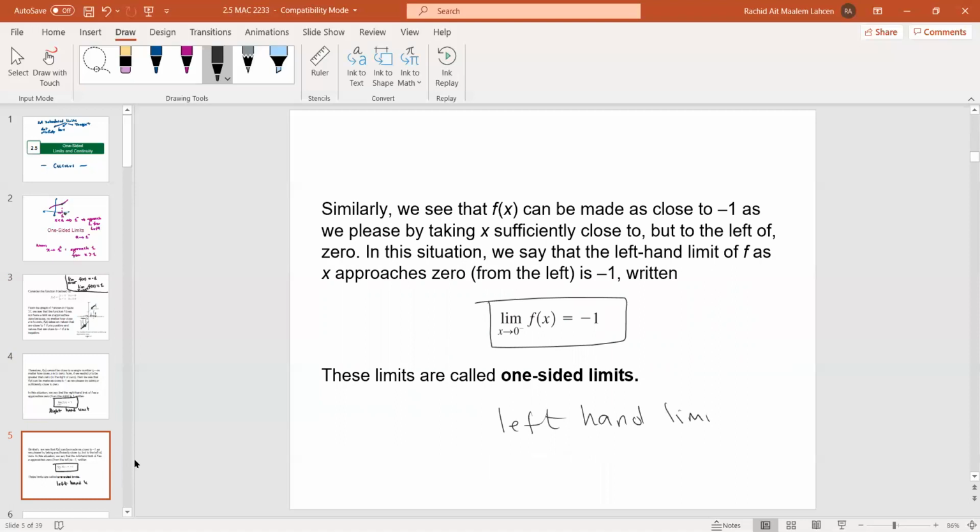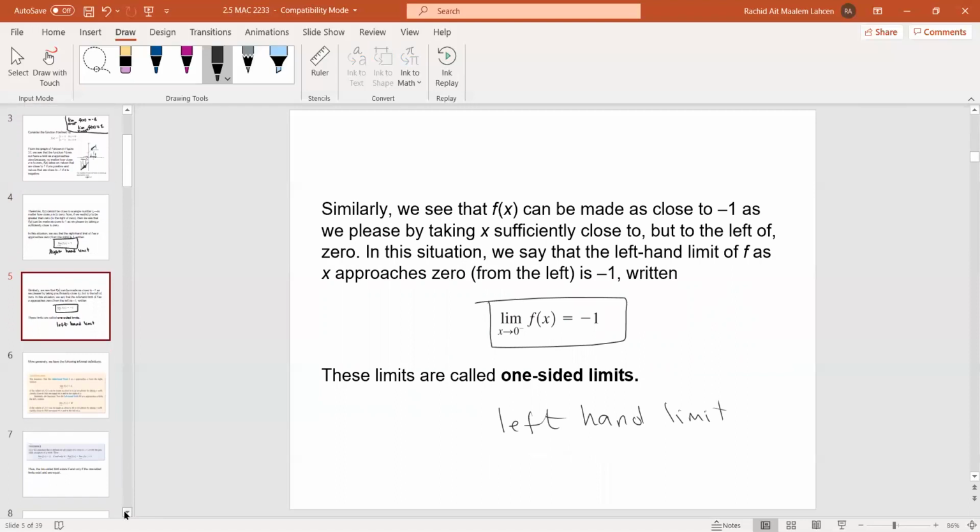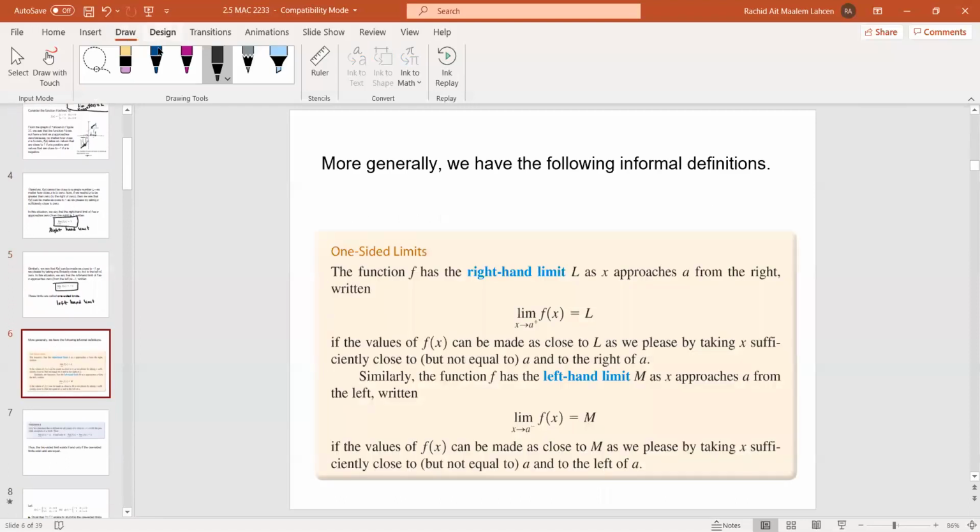That's another way to say it, and they are different. Now we're going to present something. The right-hand limit is just as I described it in the example: it's 1, and here we call it L in general. The left-hand limit in the example is -1, and here it's m, some number in general.